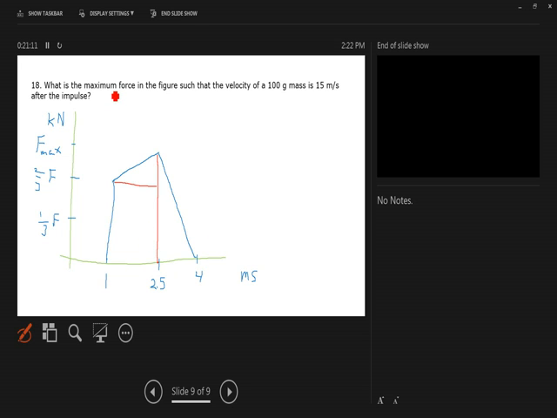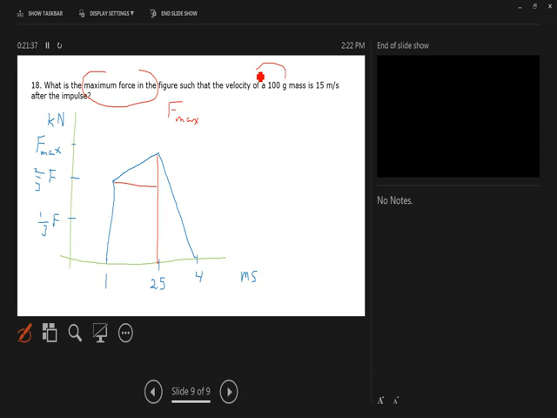Now our goal is to find the maximum force, so we're looking for F max. We'll just find the area, and you have to keep the symbol F max in there for each of the different areas.